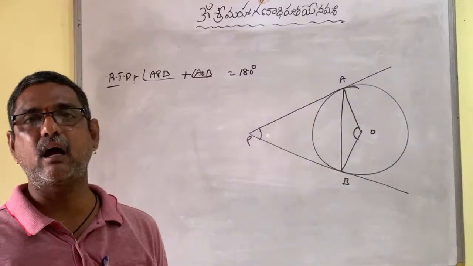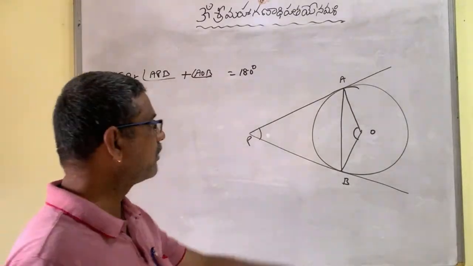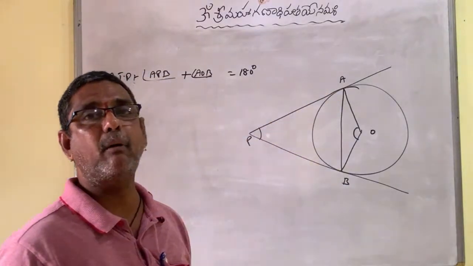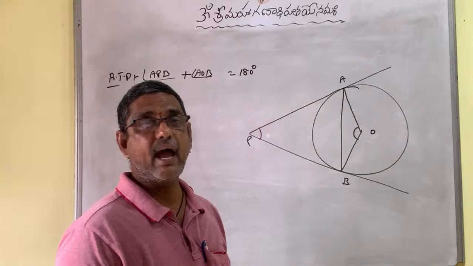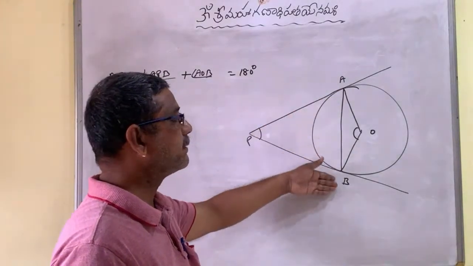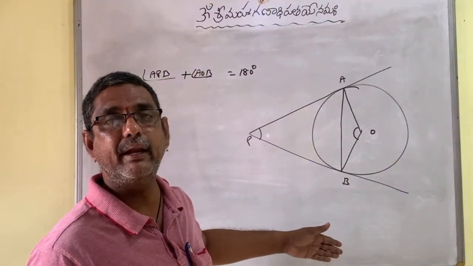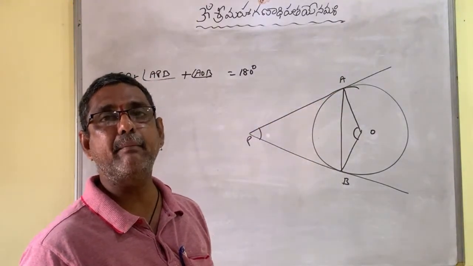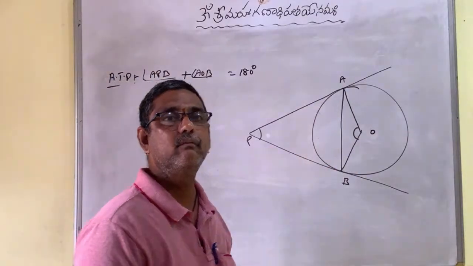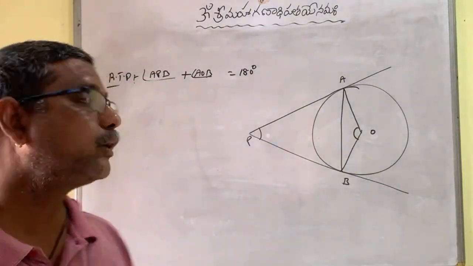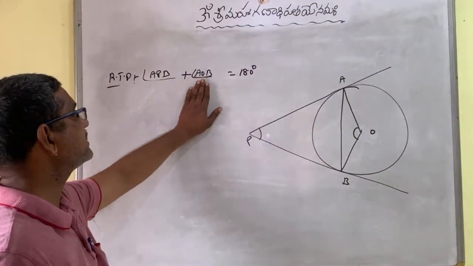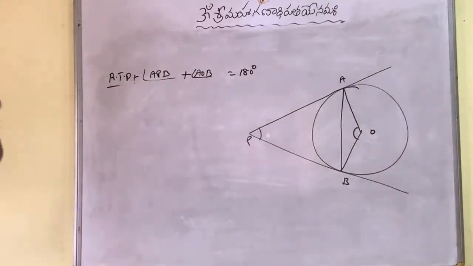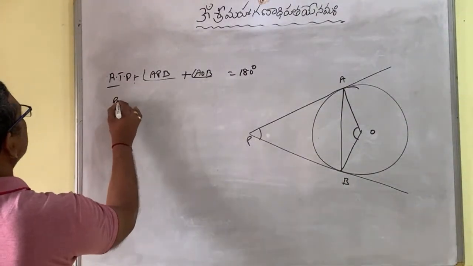Angle between the tangents drawn from the external point of a circle. Then what is this angle? Angle subtended by the line segment joining the point of contacts, AB. So what is the angle subtended by AB at the center? AOB. So we need to prove angle APB plus angle AOB is 180. That is what he is asking. Now, proof.